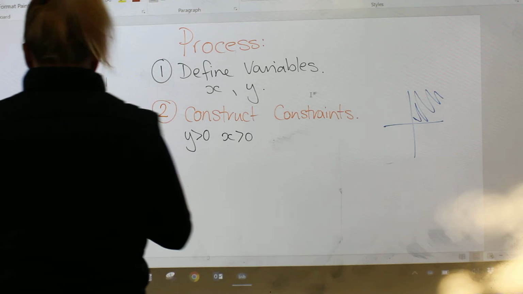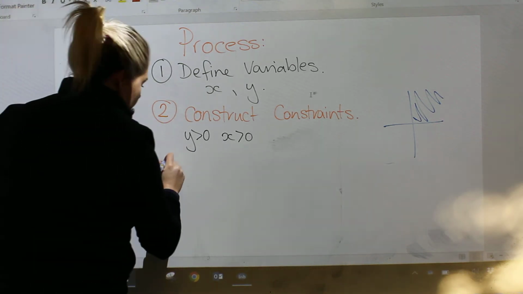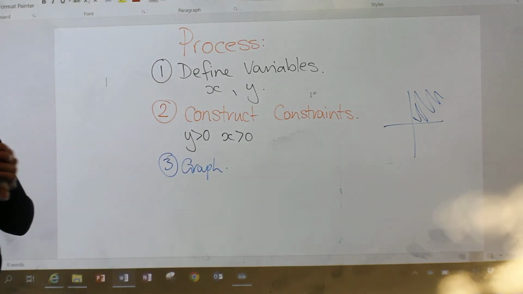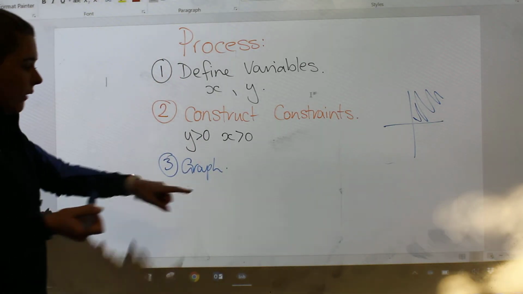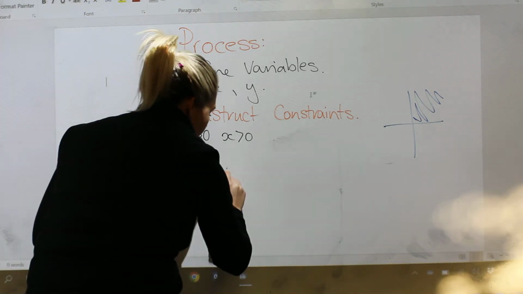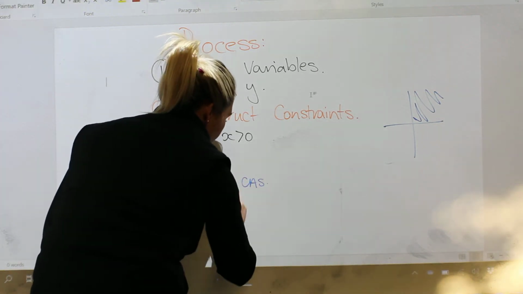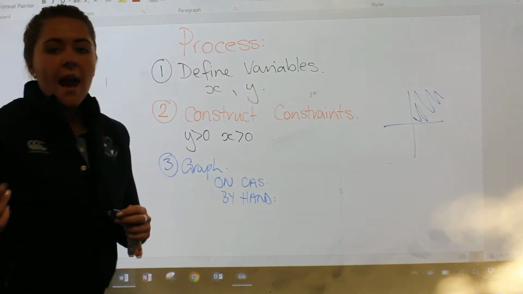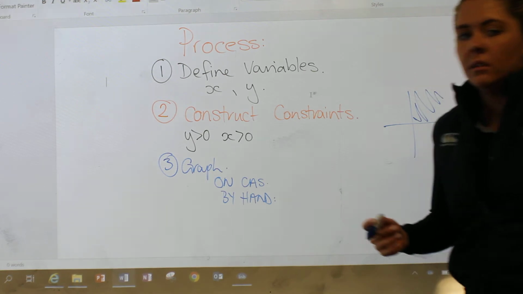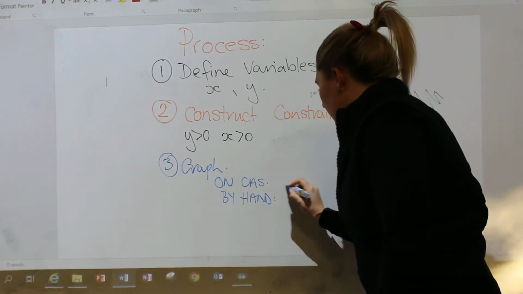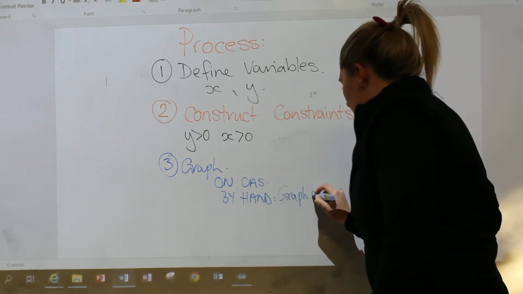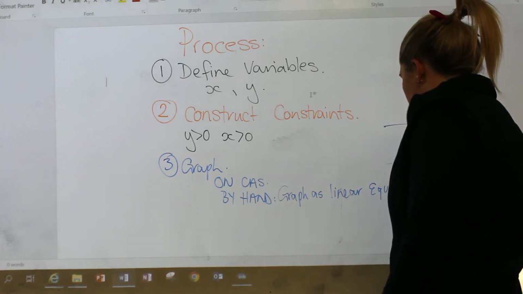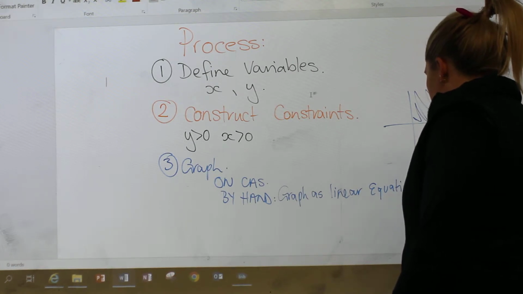The next thing you will need to do is graph your constraints. That is either on your calculator or by hand. If you are doing it by hand, graph them as a linear equation and then test a point.